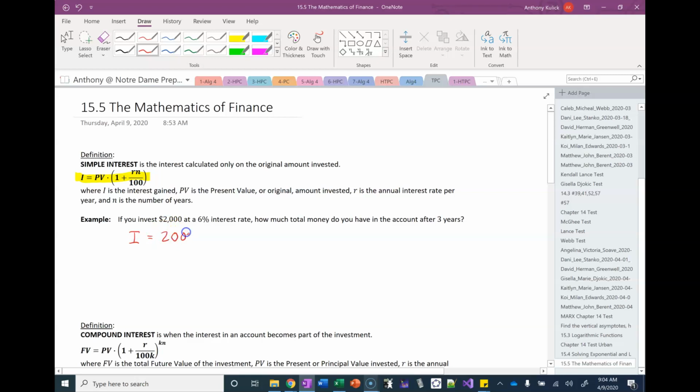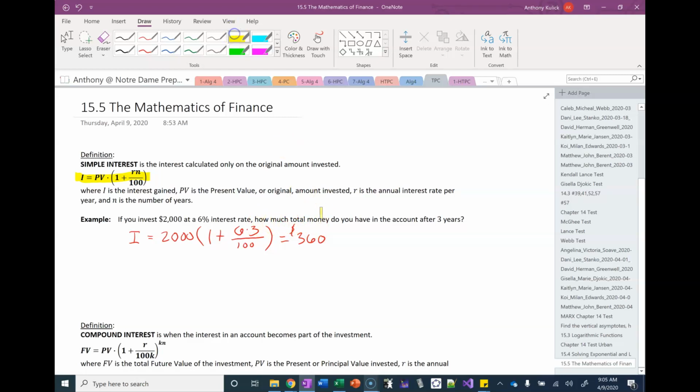The present value is $2,000, that's what we've invested. R is 6%, or just 6. N is the number of years that we've invested, so that's 3. So when I type this into my calculator, I get $360.